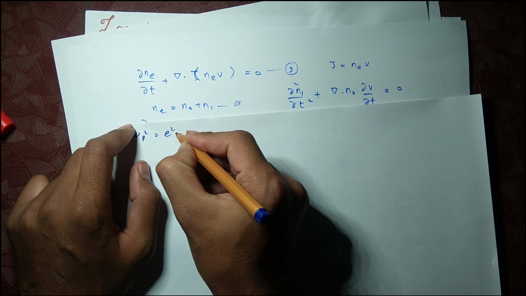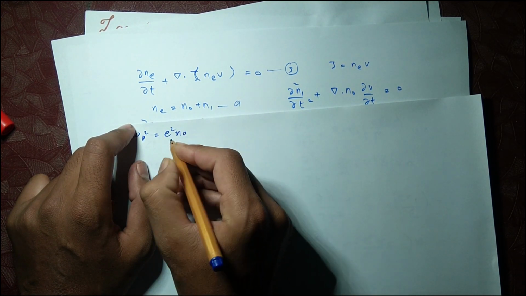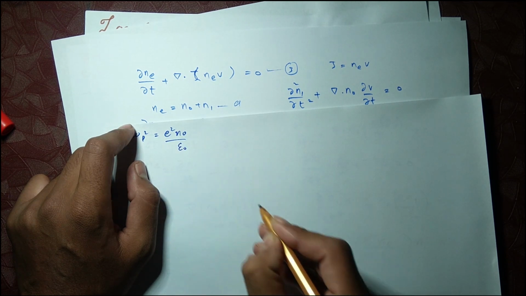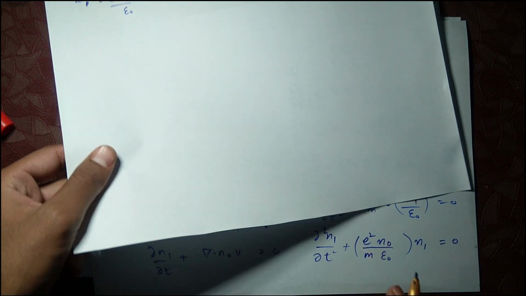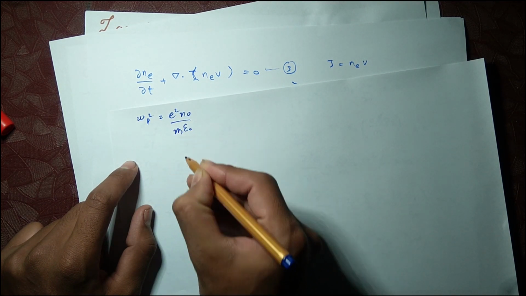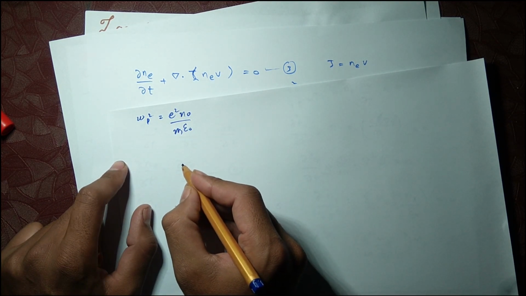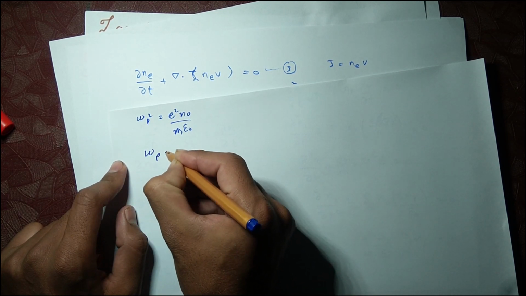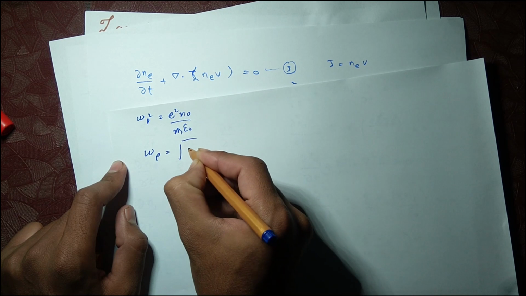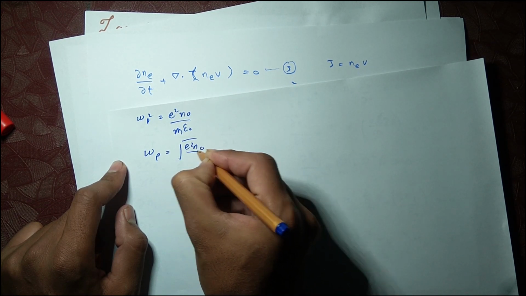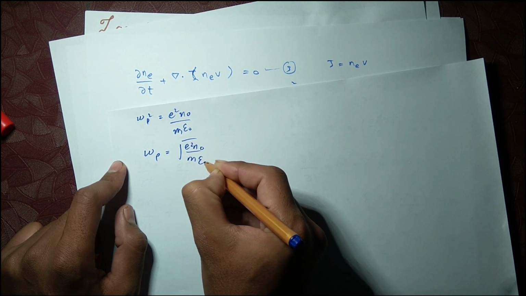From this, omega p will be equal to the square root of e square n naught over m epsilon naught.